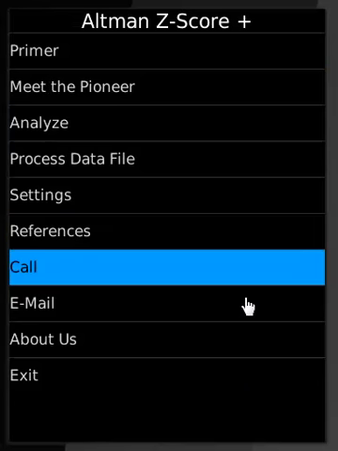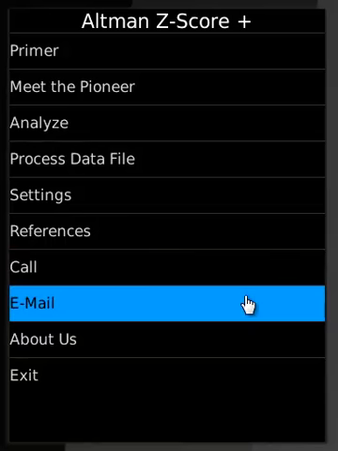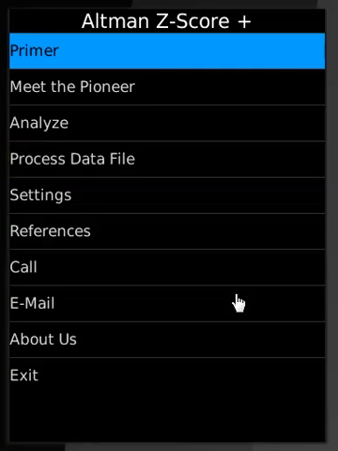Call, basically you place a phone call to our support. Email, in case you have any support related questions, you can email us. About us, this takes us to a website. Again, we just covered the primer, meet the pioneer, analyze, process data files, settings, references, call, email, about us.